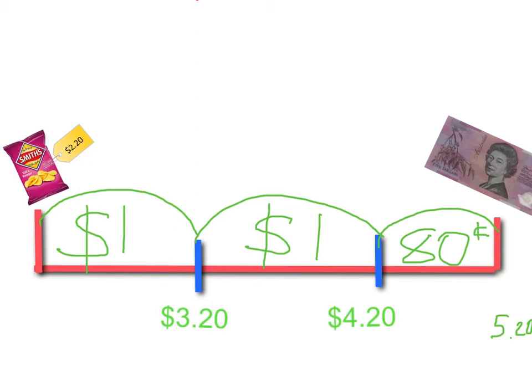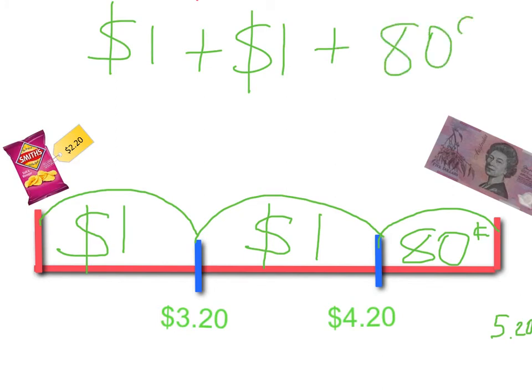So now I can look at the parts that I've counted forwards in the middle. $1 here, $1 here, and 80 cents here. Let's add that together. $1 plus another $1 plus 80 cents. You have a think about how much it might cost.